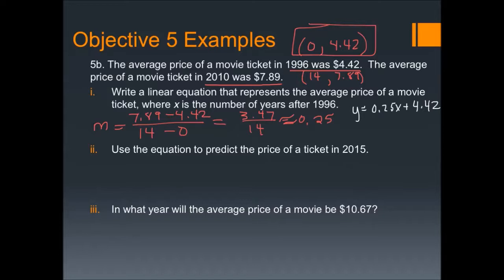Okay, part 2 of this says to use this equation that we wrote to predict the price of a ticket in 2015. 2015 is 19 years after 1996, so I'm just going to plug that in for the x. Do a little bit of math.